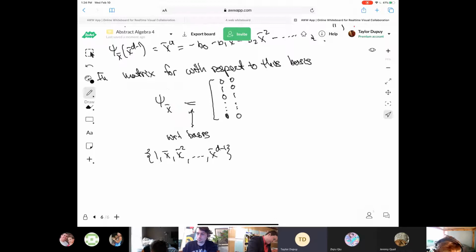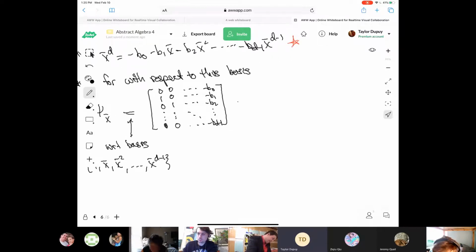Okay, then this continues, dot, dot, dot. And then in the last column, which is the x to the d minus 1 column, we have minus b0, minus b1, minus b2, dot, dot, dot, and then minus b d minus 1.